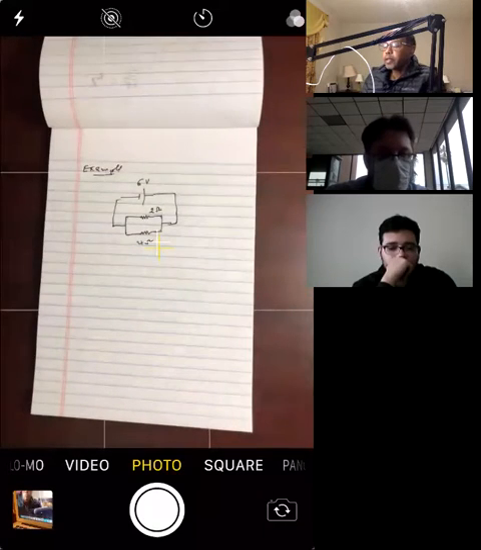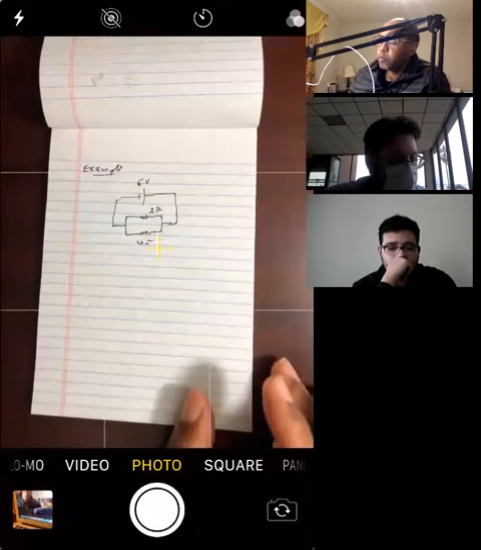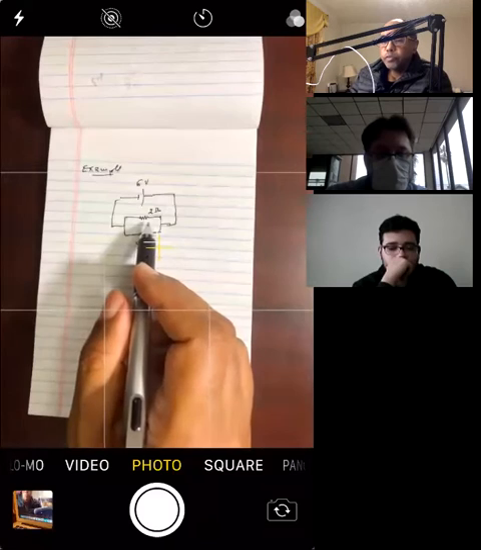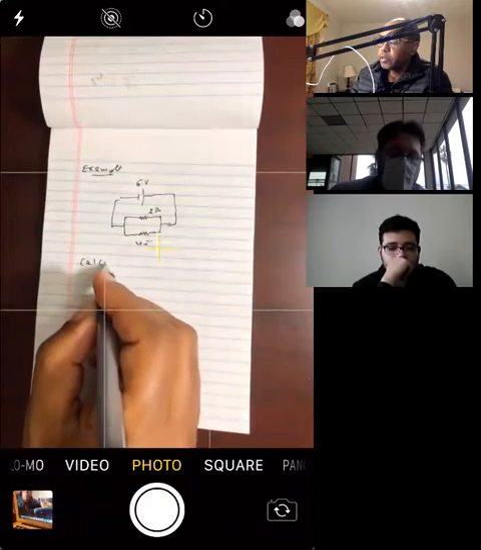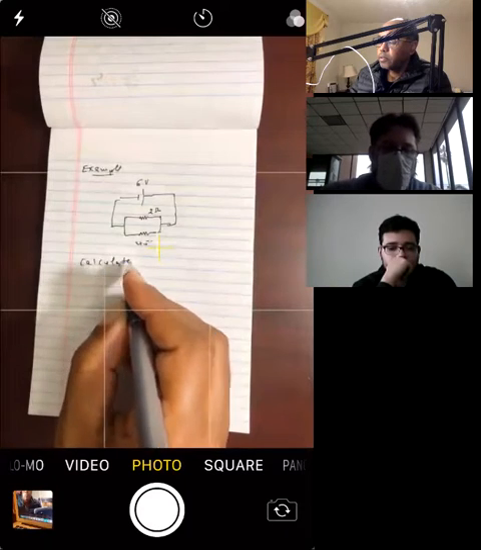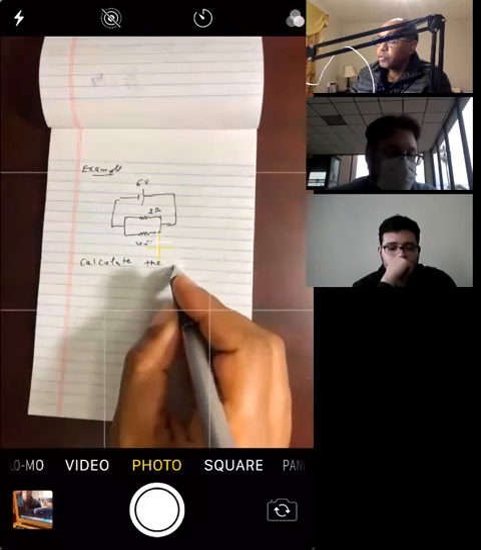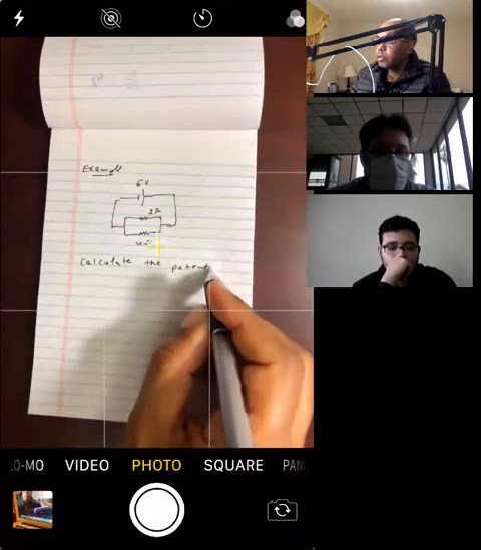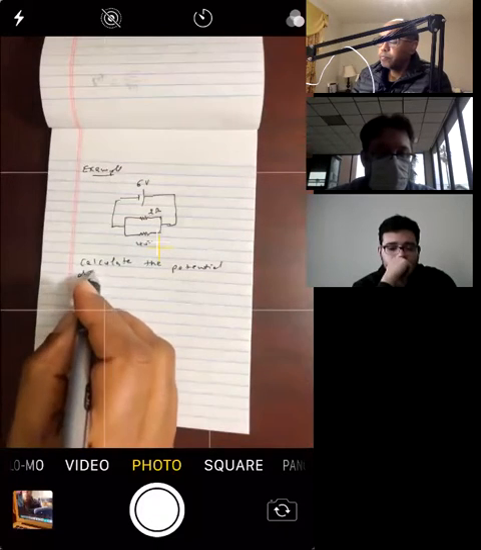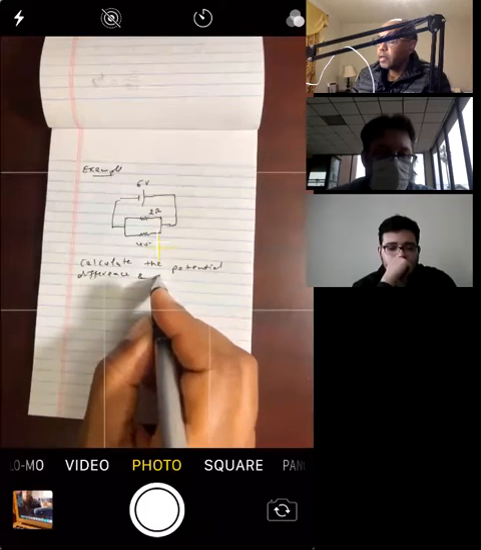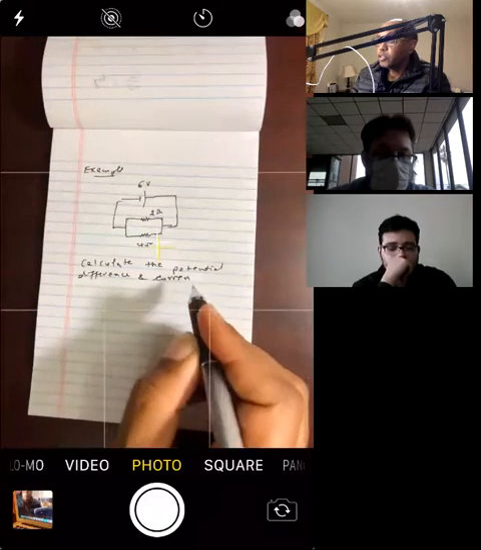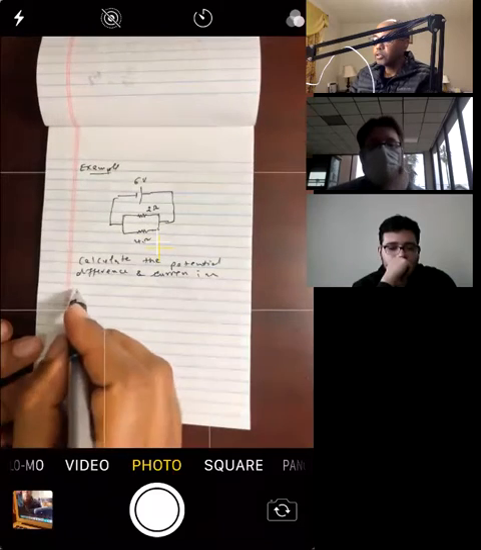Now we want to calculate the potential difference and current in each resistor.